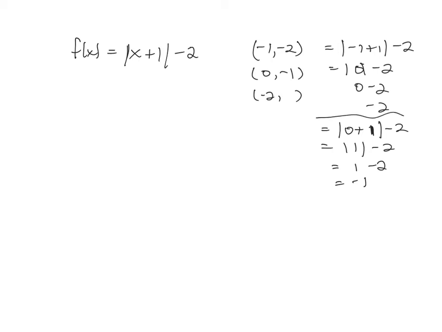And then last one, plug in -2. -2 plus 1 is -1. Absolute value of -1 is +1. And I get -1.